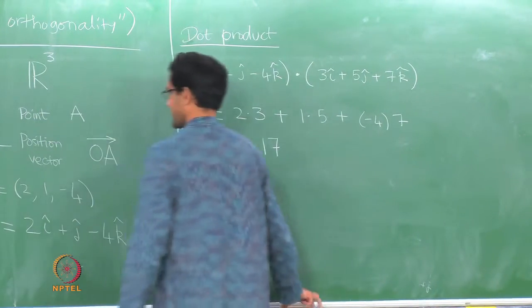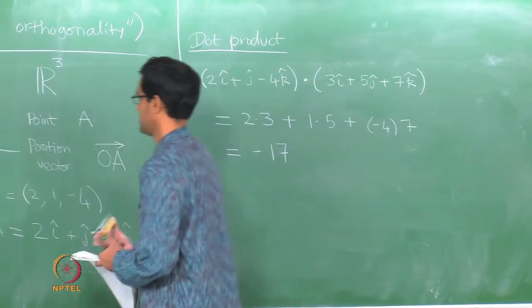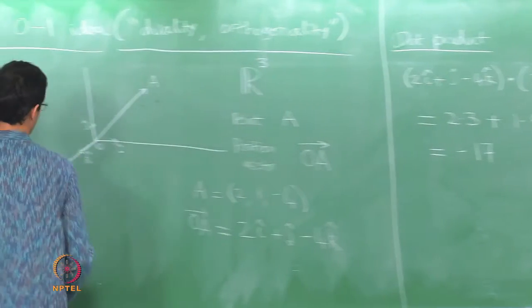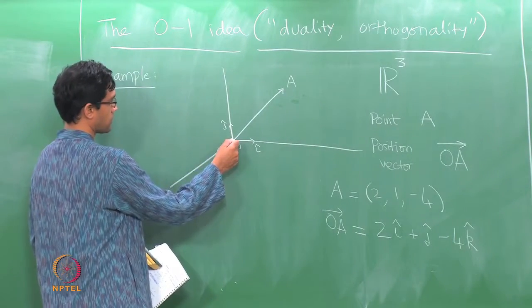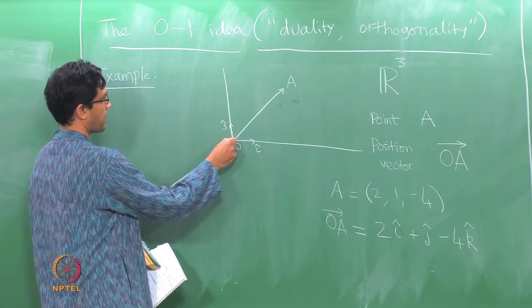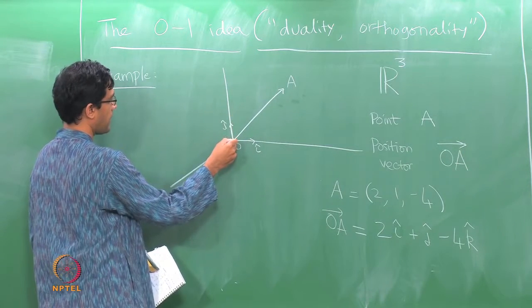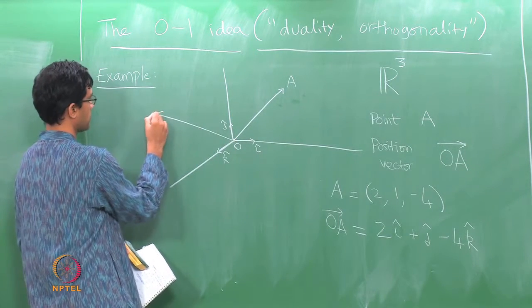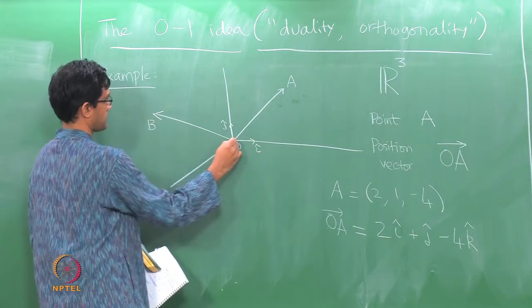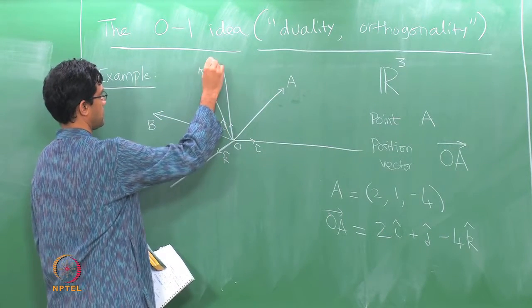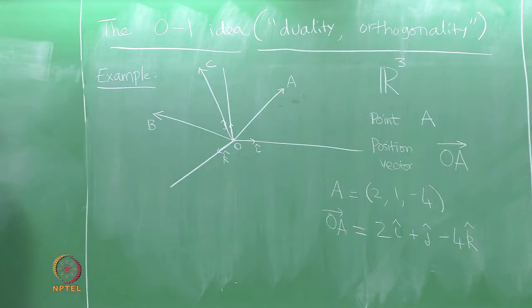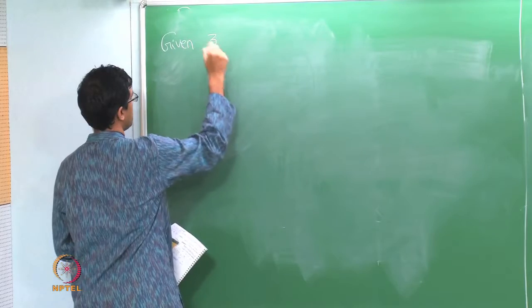Now what I want to pose is a problem of the following kind. I want to take 3 points in R3. So here I have a point A. I want 2 more points B and C. So what you are given are 3 points in R3.